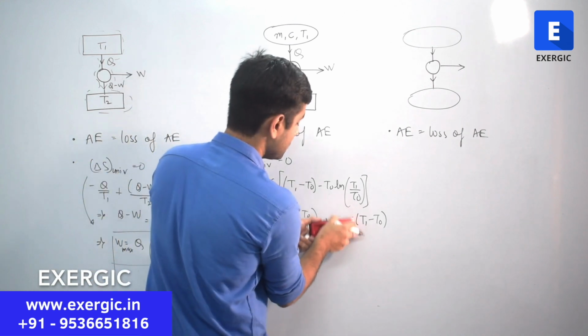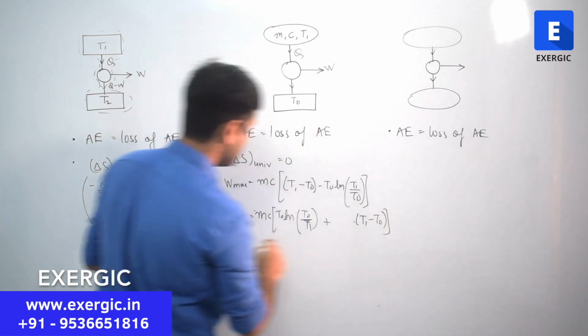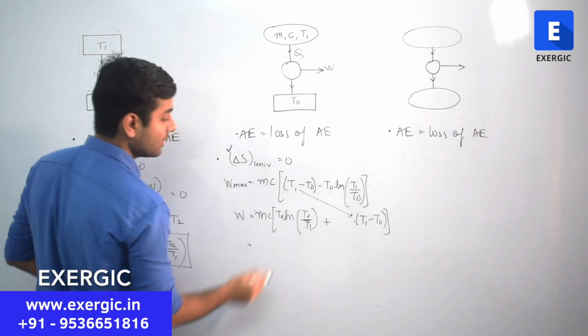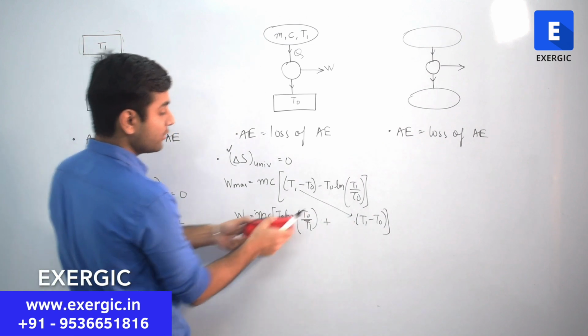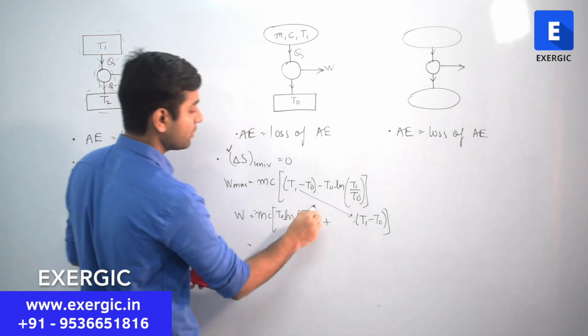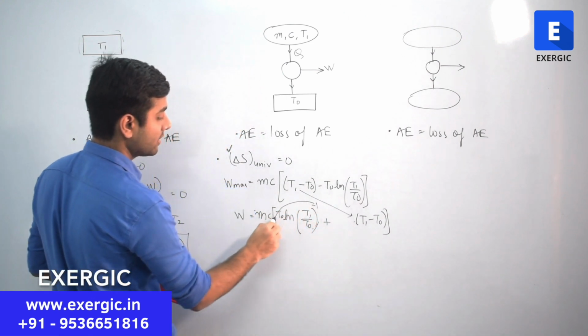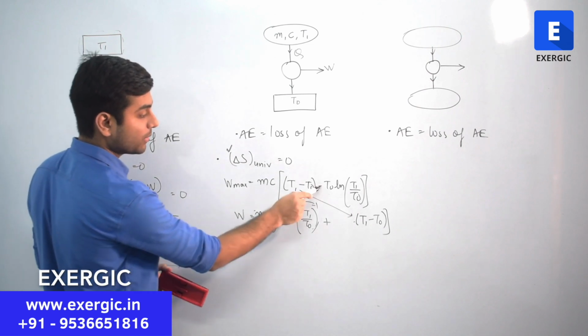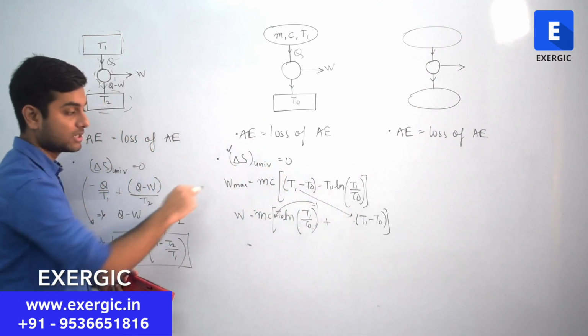And MC will be removed from here. And if you simplify that, it is T1 minus T0, this one. It is T0 by T1. You reverse that, you write it as T1 by T0. So the minus 1 will come here due to the property of log, which is minus T0 ln T1 by T0. Same expression we are getting.